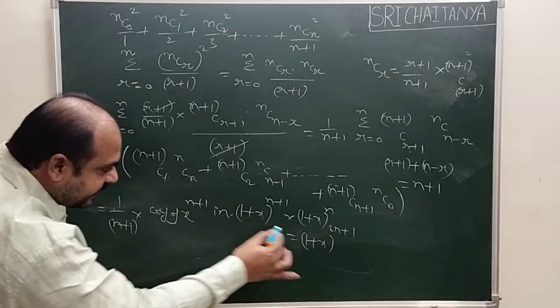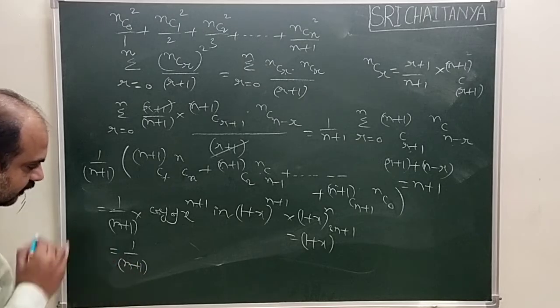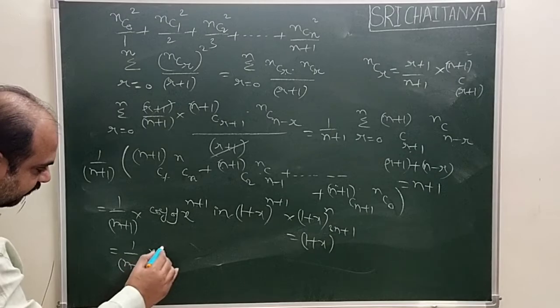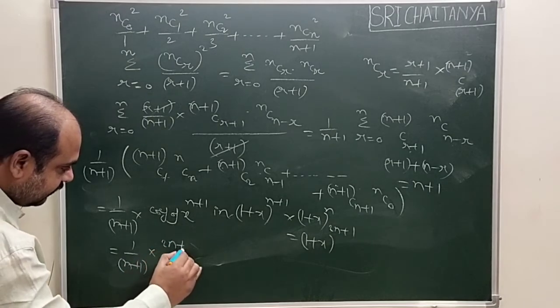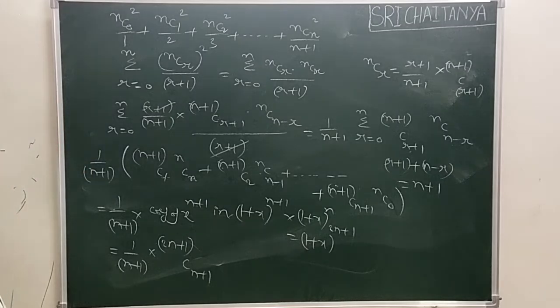In this expansion, you have to find the coefficient of x power n plus 1. Therefore, this comes out to be 2n plus 1 c n plus 1. That is the answer.